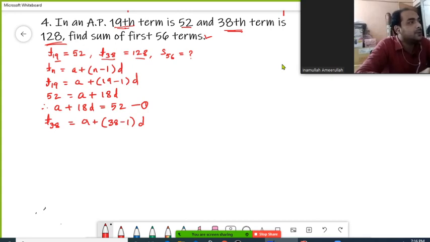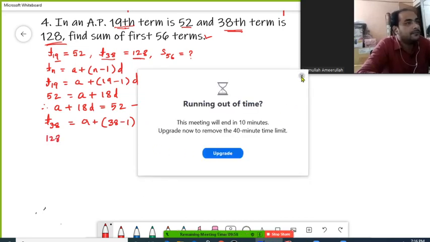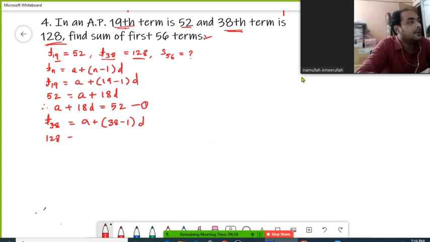T38 is 128, which is already given in our question. So here I'll take 128 equals A plus 38 minus 1, that is 37 into D. So you can say A plus 37D is 128. This is my equation number 2.